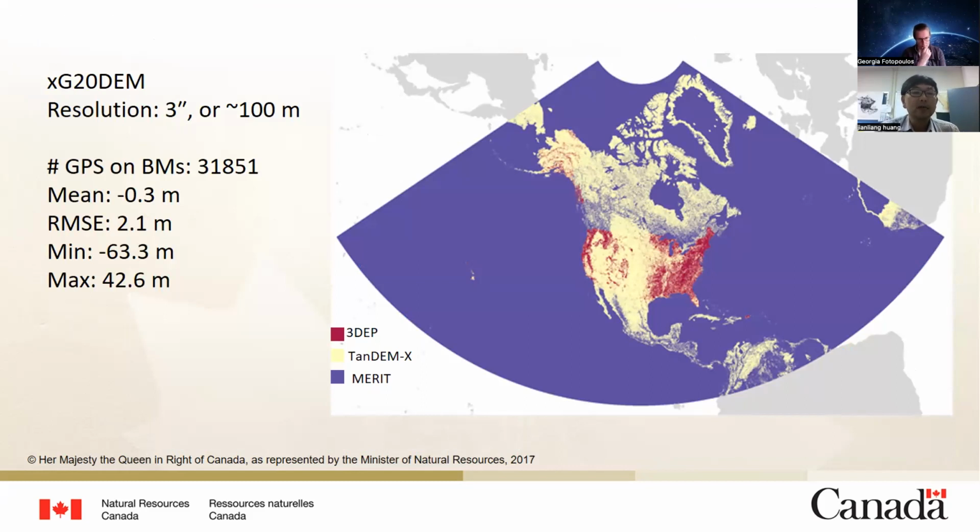The RMS difference between the DEM and GPS leveling is 2.1 meters, compared to about 3 to 5 meters for the previous digital elevation model.